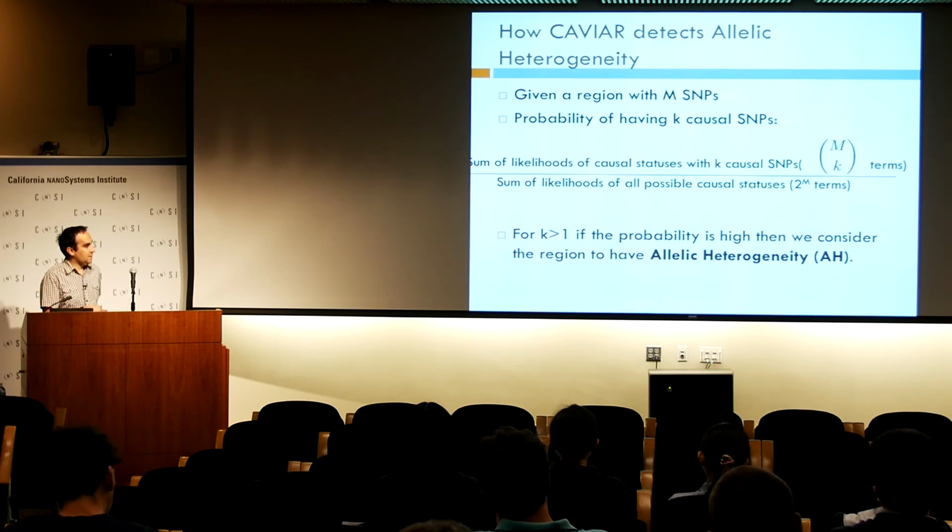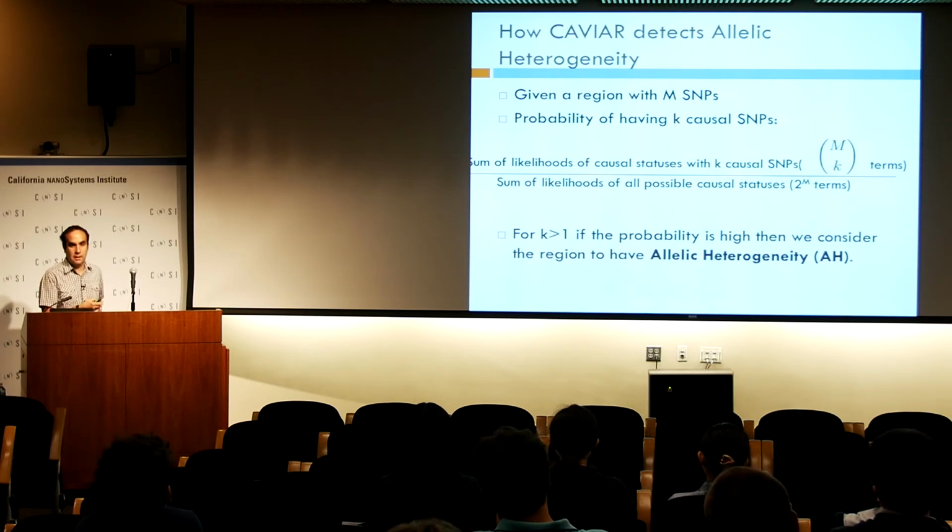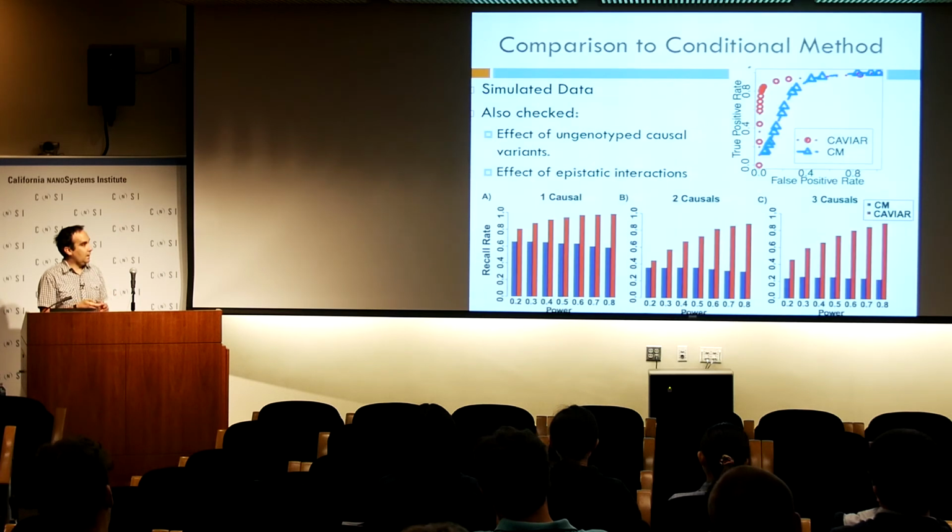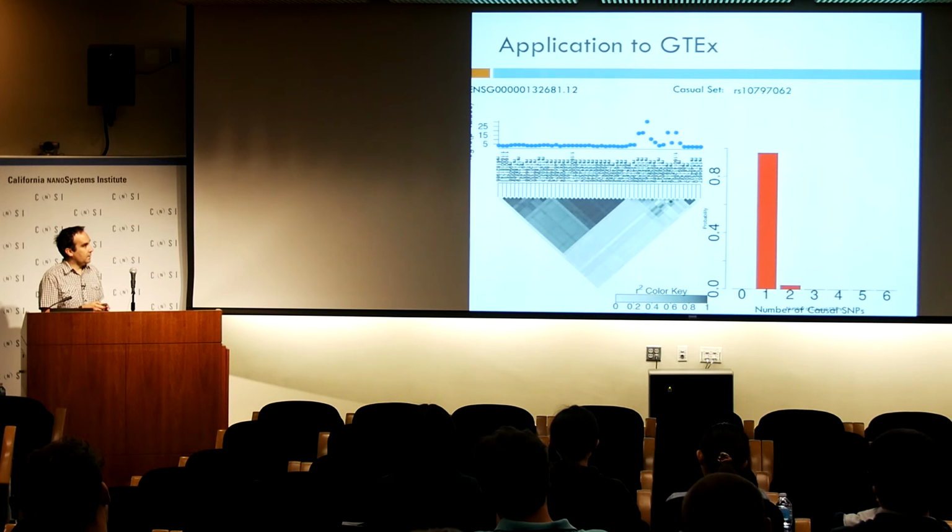And so if k greater than 1 has a high probability, that's evidence that there's allelic heterogeneity. So this is a method that can tell us if there's allelic heterogeneity, even if we can't find what the actual causal SNPs are. We applied this to simulated data, and we show that it works really well.